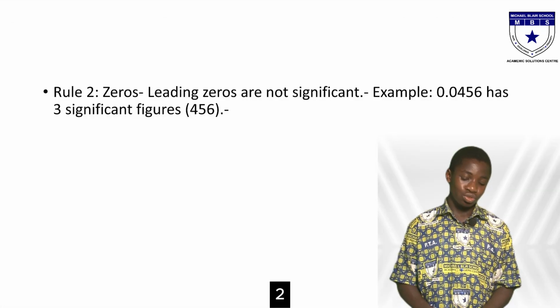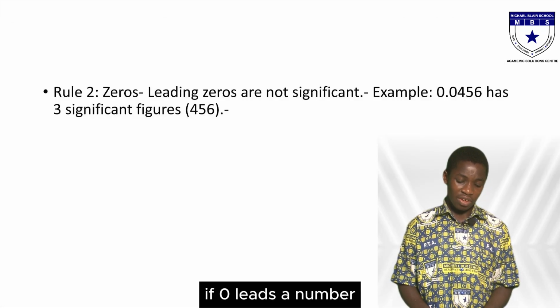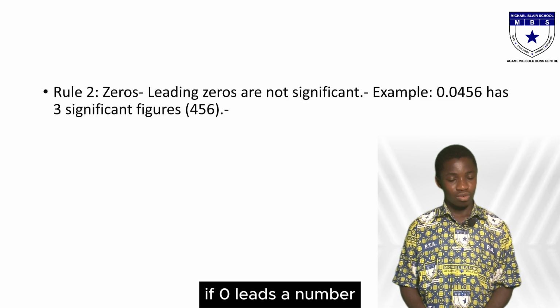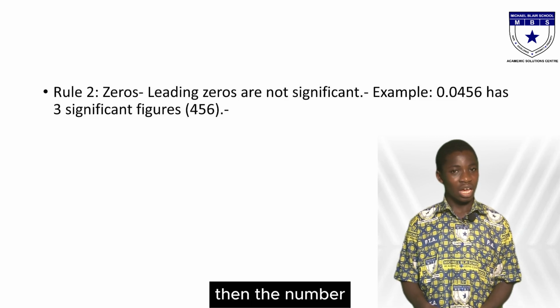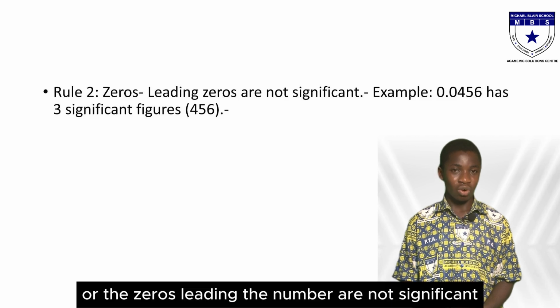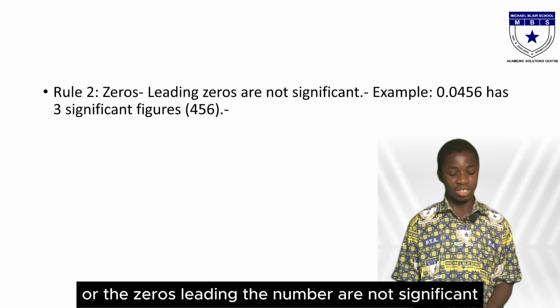So, 2. If 0 leads a number, then the zeros leading that number are not significant.